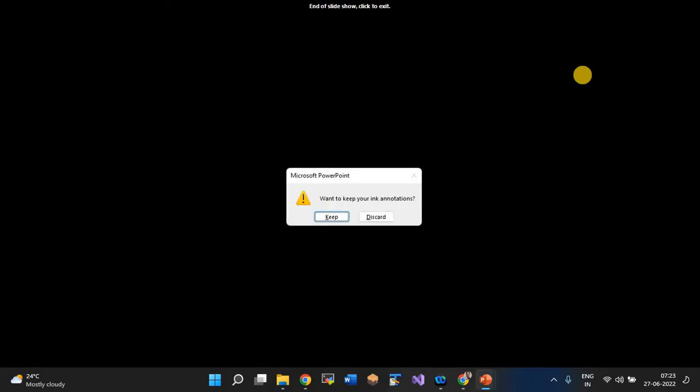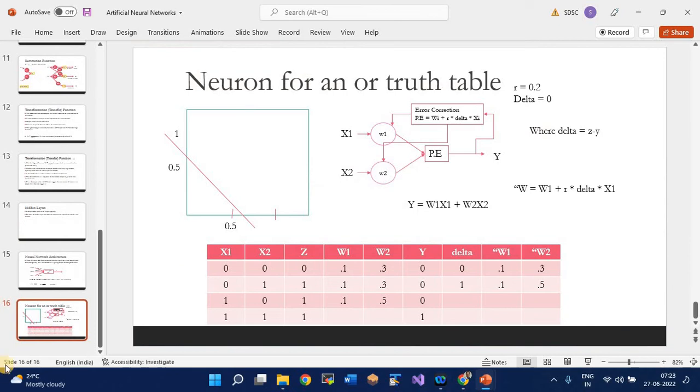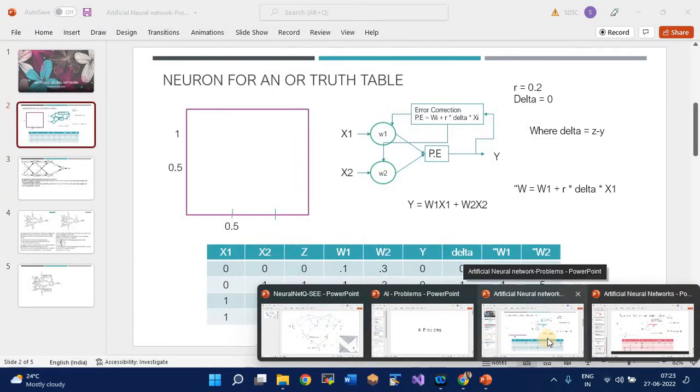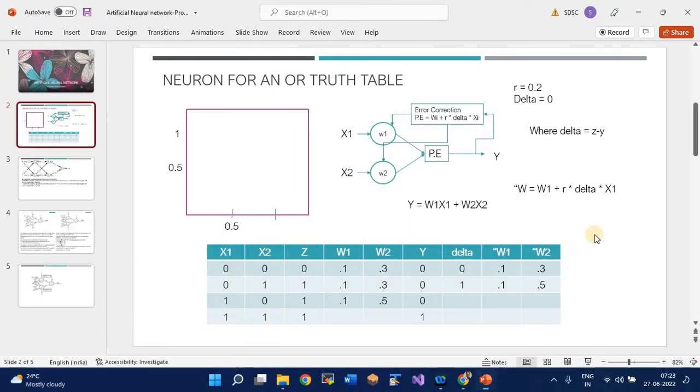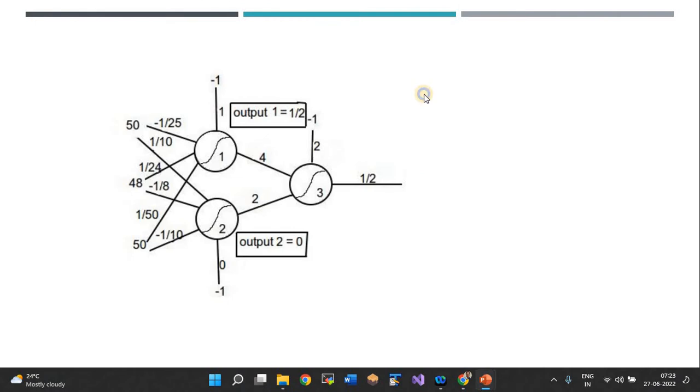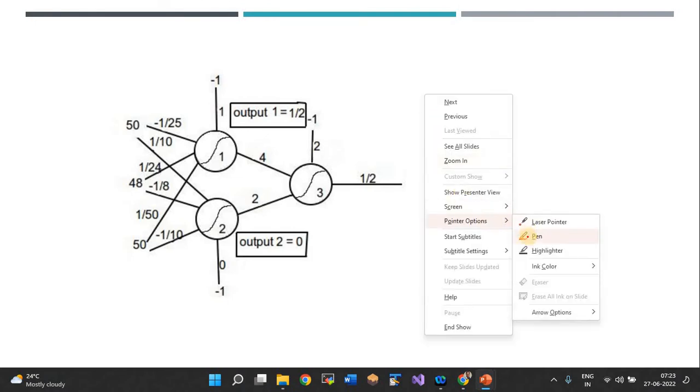Now coming to the reason I told all this, it is for this particular equation. When I did this truth table, remember the original equation, where I'll just run this once again, and pointer pen.